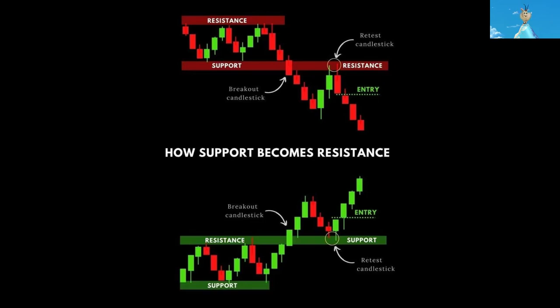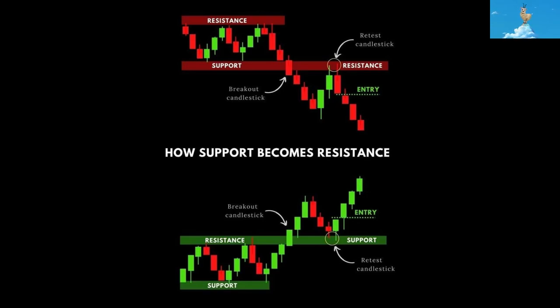It wants you to think it's about to go up, and you buy a call, and then it goes the opposite direction because you couldn't wait on that retest. If you had just waited on the retest, you would have known. If you waited for the retest to confirm the new support level, you wouldn't have even taken the trade.